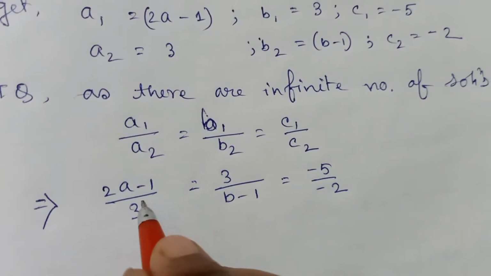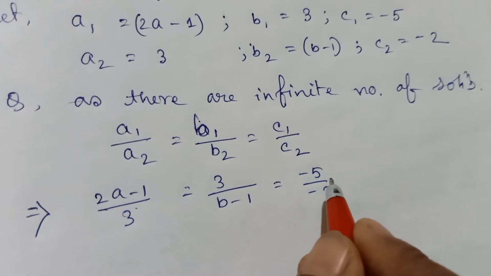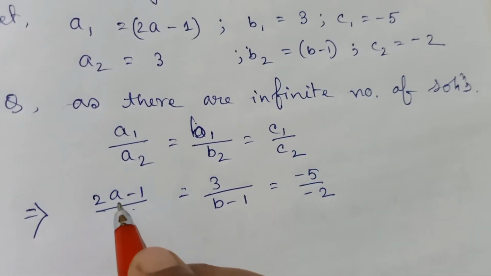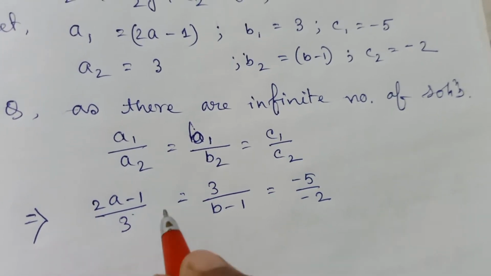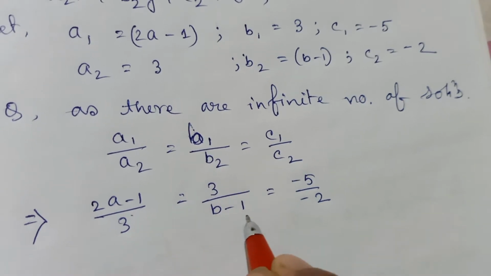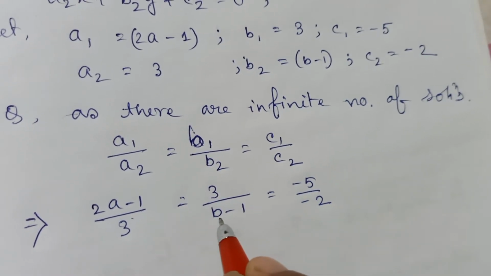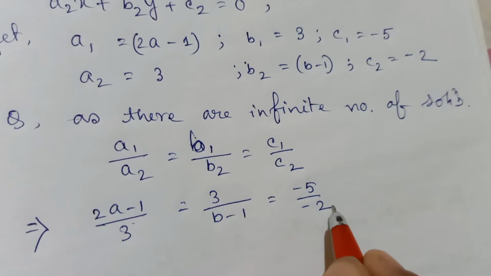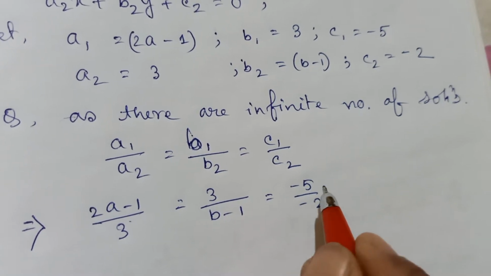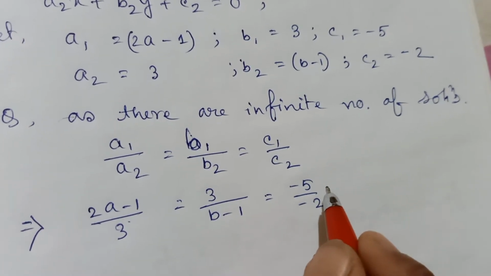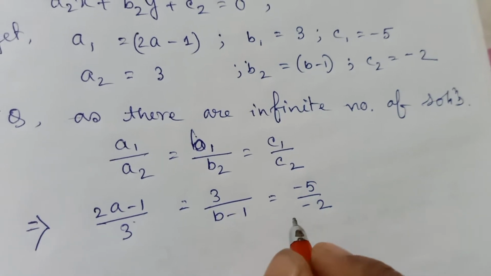Now look, there are 3 expressions equal to each other. In the first, only a is here. In the second, only b is there, and in the third, neither b nor a, only constants.